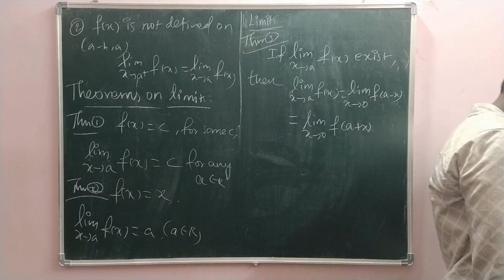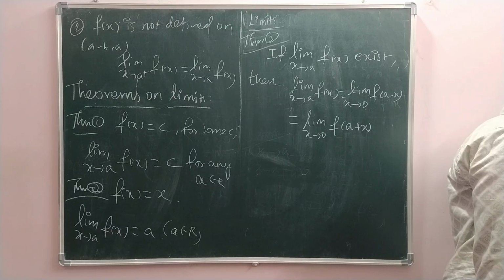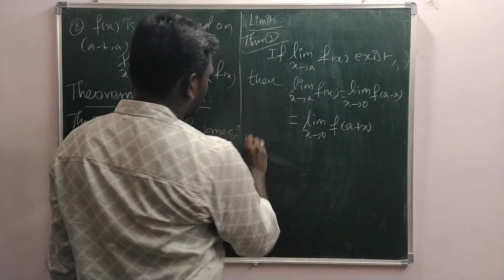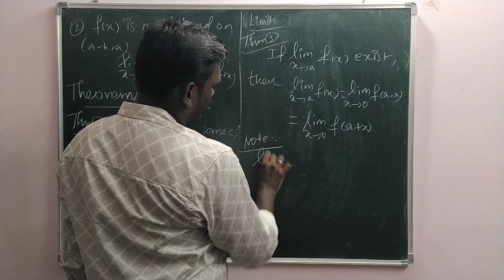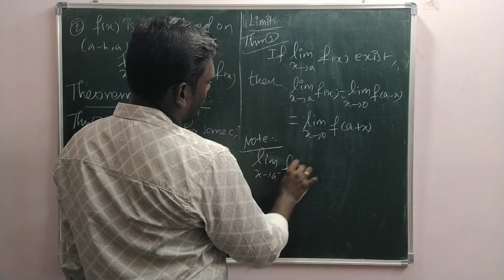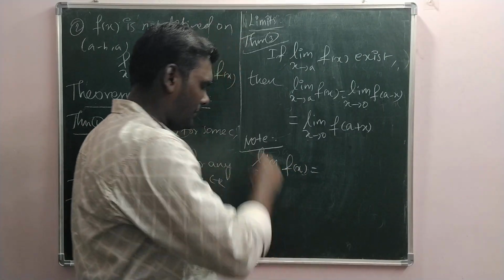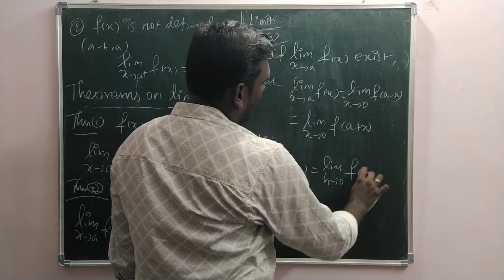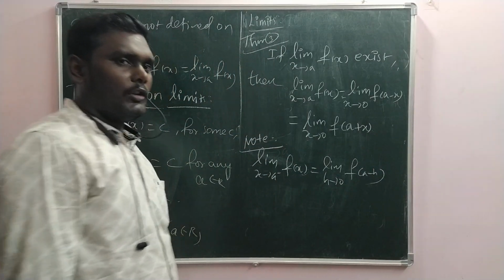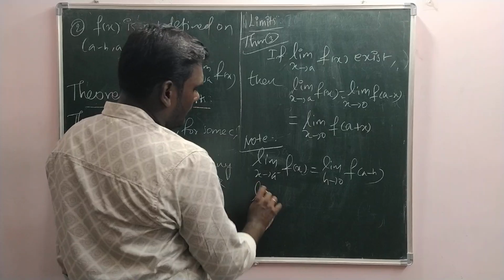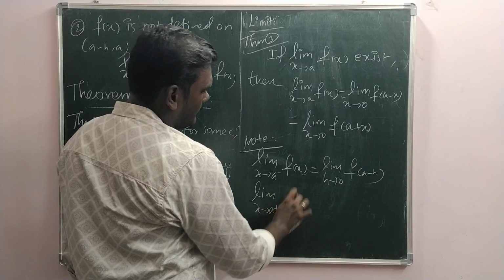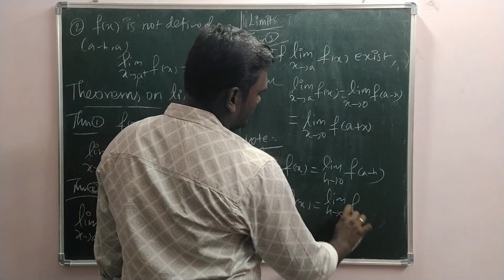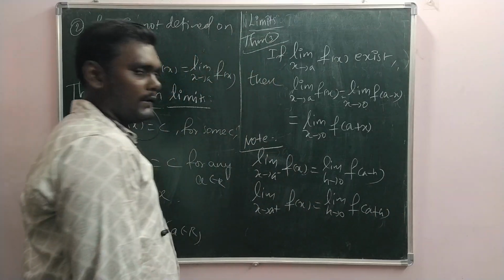And these formulas I already told you. The limit as x tends to a minus of f of x is equal to the limit as h tends to 0 of f of a minus h. This is the left hand limit formula. Then the right hand limit, x tends to a plus of f of x, is equal to the limit as h tends to 0 of f of a plus h.